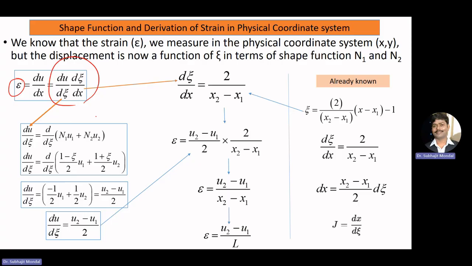Again we know that u is equal to N1 u1 plus N2 u2. u1 and u2 are nothing but the nodal values, which are constants.